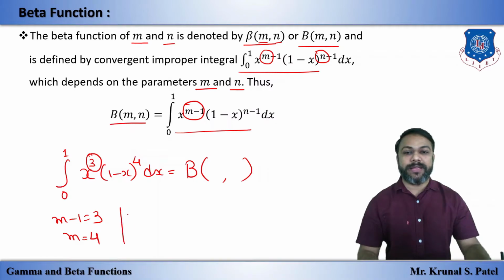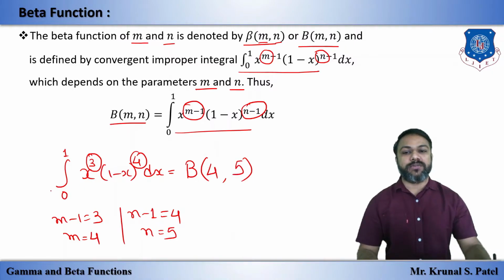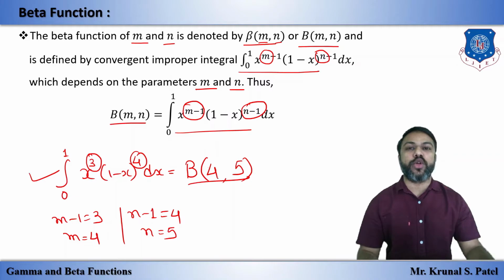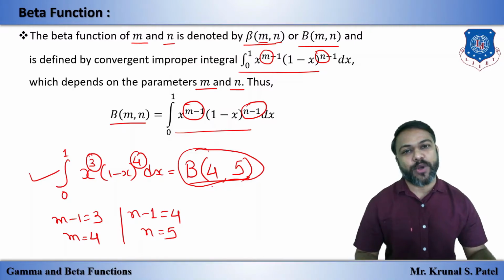In a similar way, n minus 1 is equal to 4, so n is equal to 5. So we have 4 comma 5, and the answer of this is beta 4 comma 5. How can we solve this beta 4 comma 5? For that we have to understand some properties.